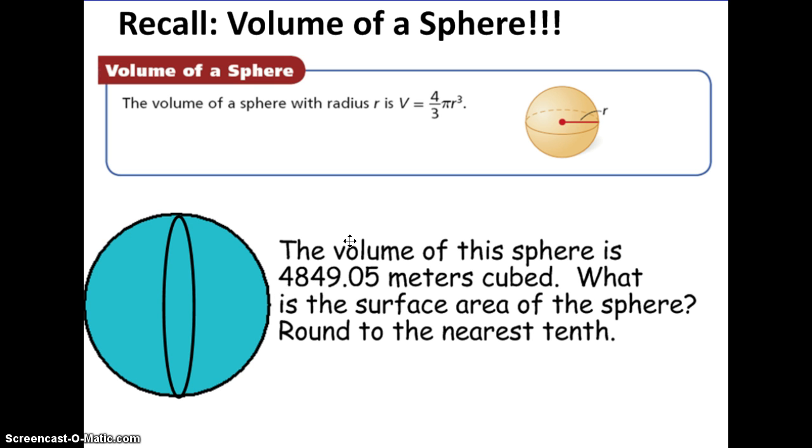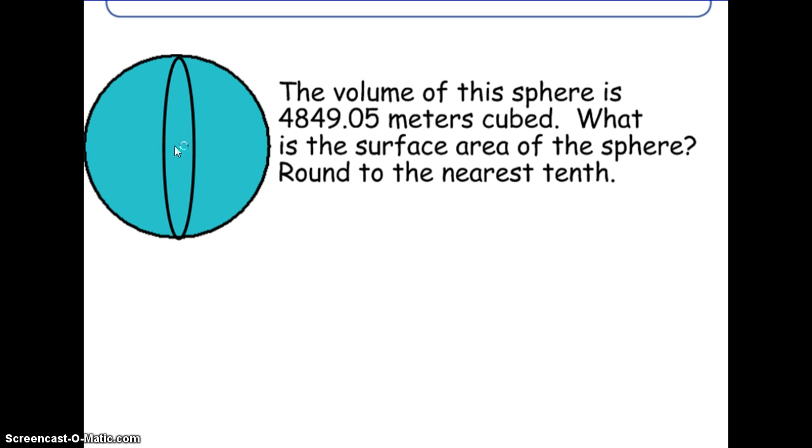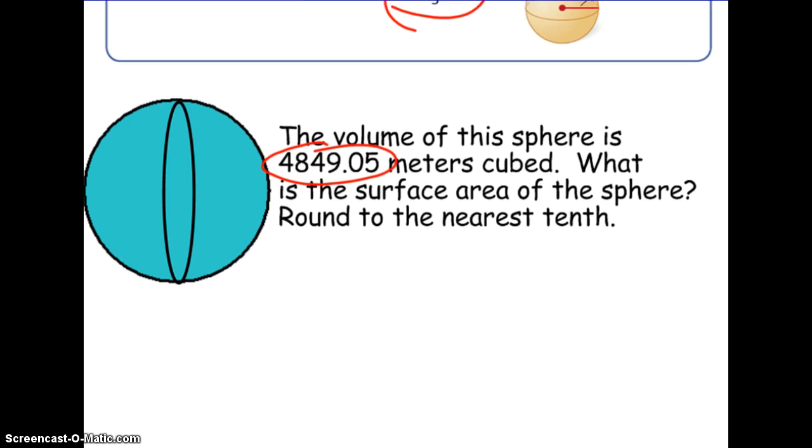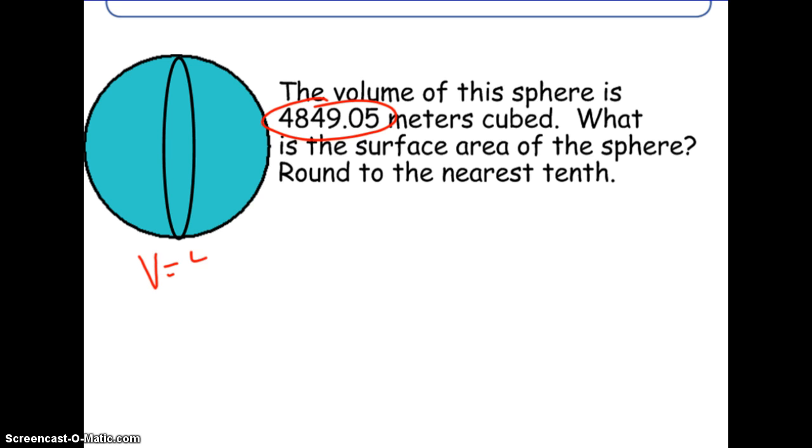Recall that the formula for the volume of a sphere is 4/3 pi r cubed. In the problem that we've been given here, the volume of the sphere is given, and I want to find the surface area. So it's my job to use the given formula for volume and solve for the radius in order to plug it in the formula for surface area, 4 pi r squared.